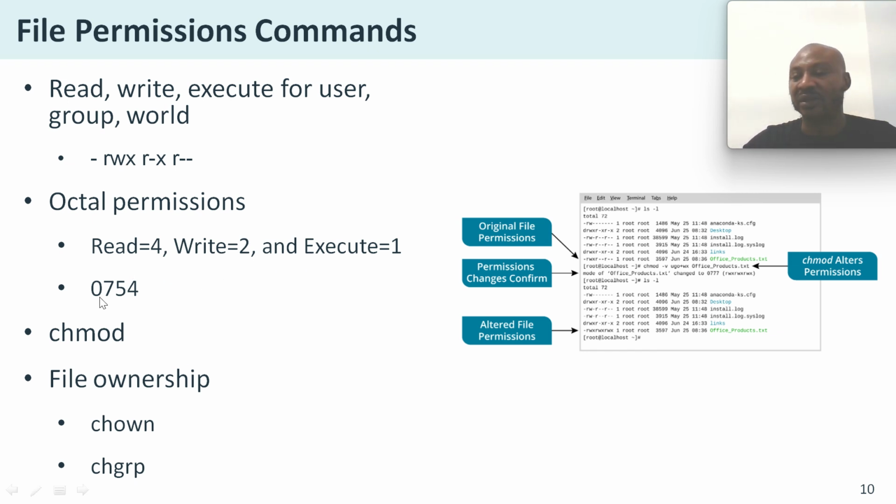Let's look at this one: 0754. What kind of permission is this? Read has 4, write has 2, execute has 1.